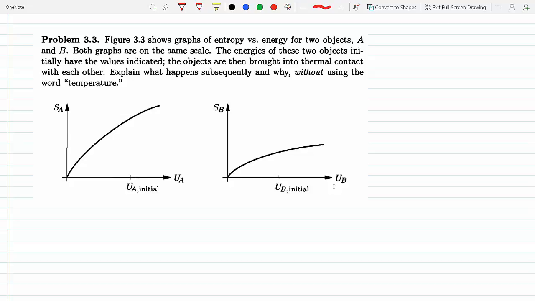Okay, so if we bring two objects into thermal contact with each other, eventually they will reach thermal equilibrium.